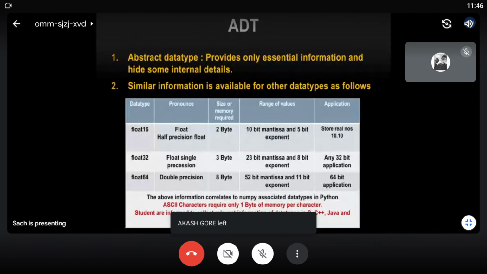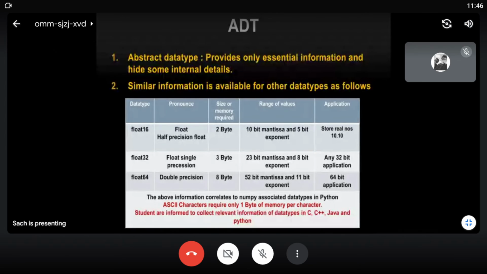Okay, so you can see that abstract data type provide only essential information. Similarly, information is available for other data types. For example, float 16, float 32, and float 64. I have not written float 8 over here because float requires a minimum of 2 bytes.